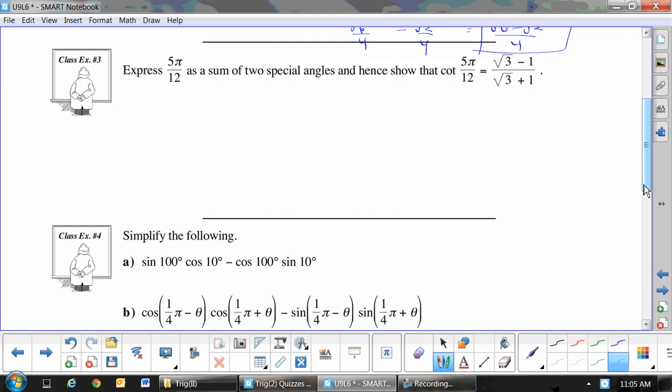Okay, now this is where I would say maybe degrees are easier than radians, because they're asking for 5 pi over 12, okay? Now, if you haven't been to class, you probably will not even realize that's not on the unit circle, because you don't even know the unit circle, right?